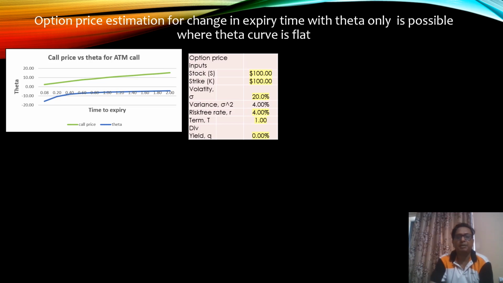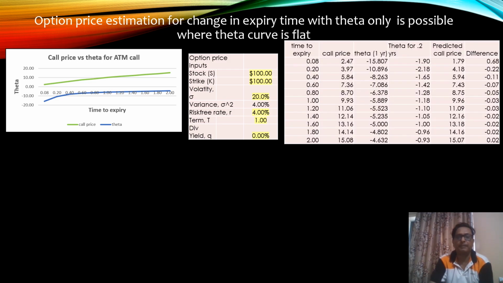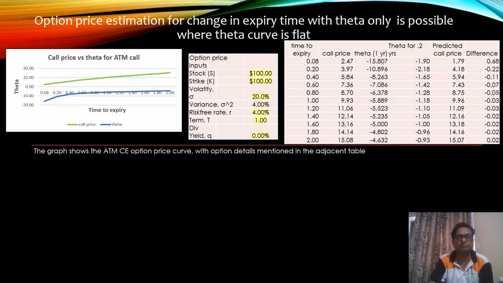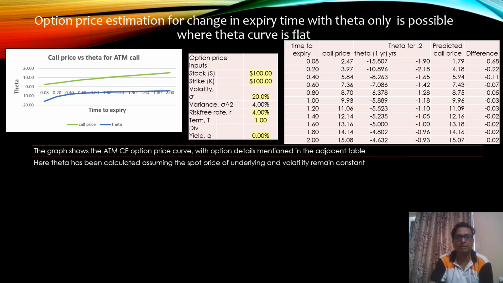Now, let's examine the graph which depicts the theta and call price against time to expiry for an option whose variables are fixed and are given in the attached table. The graph shows the at the money call option price curve with option details mentioned in the adjacent table.